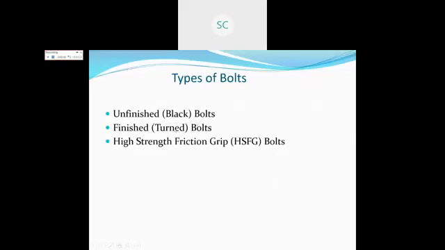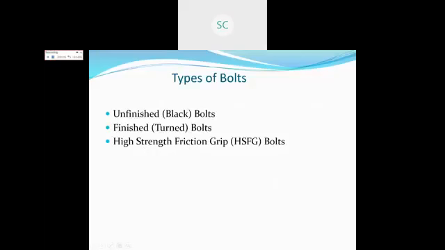Both are the same, but the finished bolts have high quality of manufacturing, and the head is hexagonal or square, and the thread and grip are made very sharp. High strength friction grip bolts provide connections with friction strength.